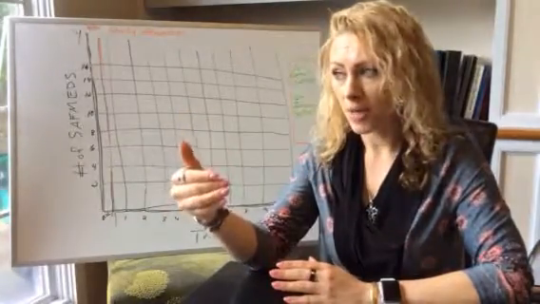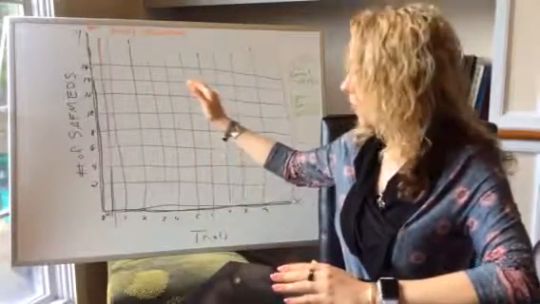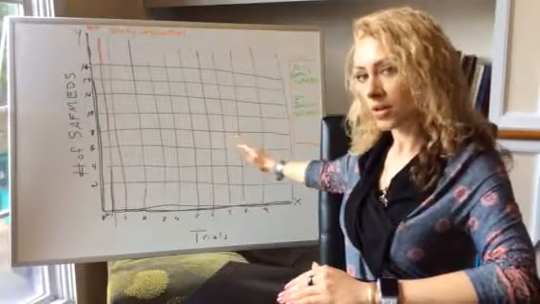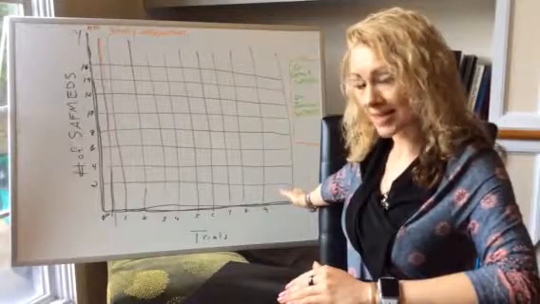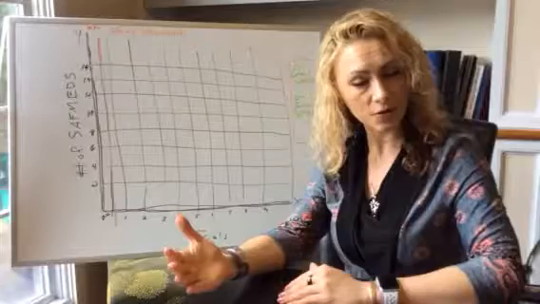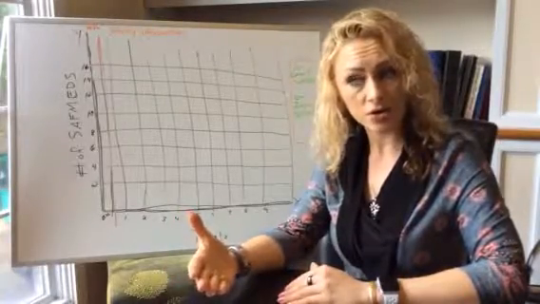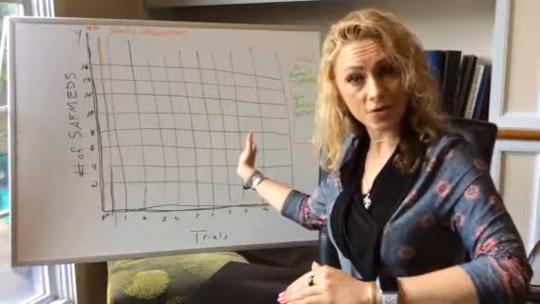So if that were your behavior of concern and you were visually analyzing the graph, you would hope that the level of behavior is decreasing over time and our trend is negative. But if it was a positive skill or behavior that we wanted to increase, such as sight word acquisition, then we would hope our trend would be the opposite, right? It would be an increasing trend or a positive trend.